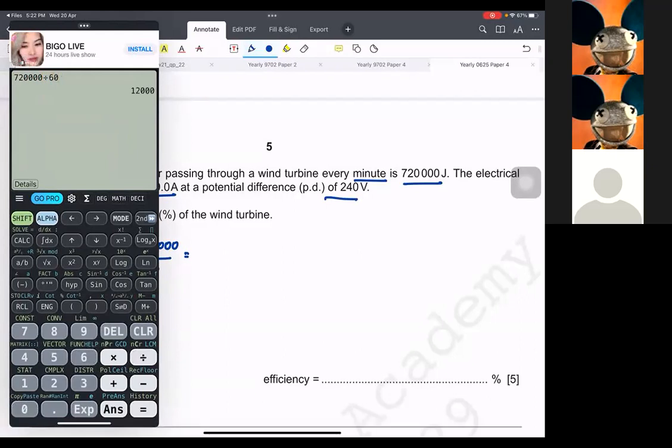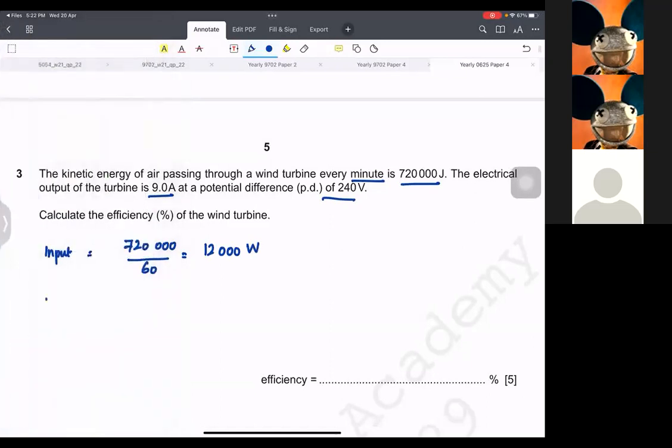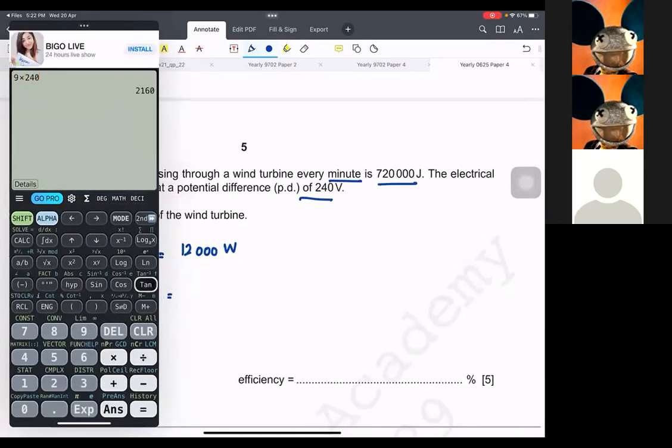I divide by 60 because I want to convert minutes into seconds. So I got what? And then I got output. Output is power equals voltage times current. So 9 times 240. That is 2160.